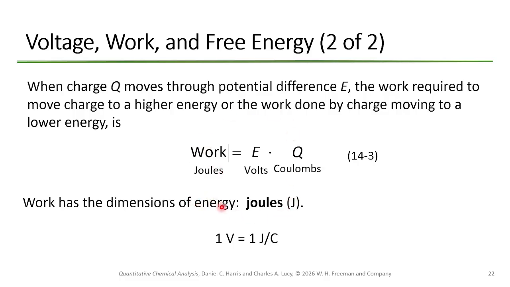So what you'll notice is that work again is going to be in dimension of energy, joules. 1 volt actually equals 1 joule per coulomb. That's actually how those are related to each other.